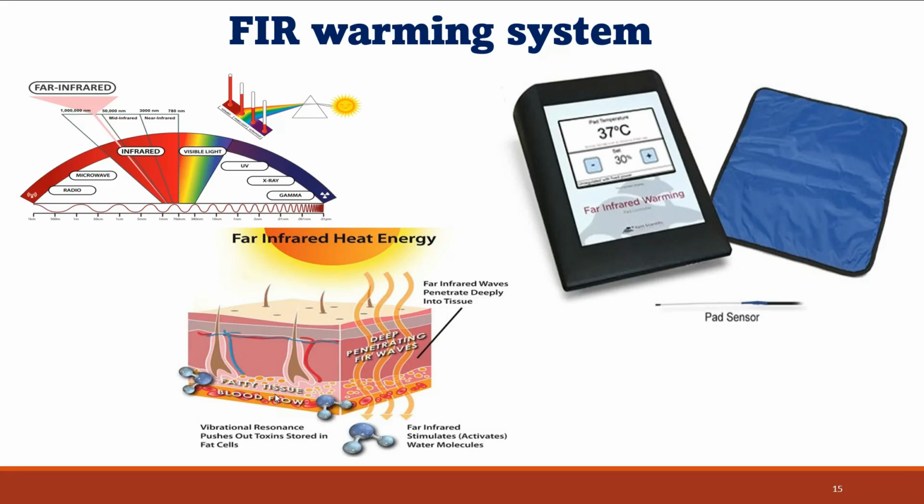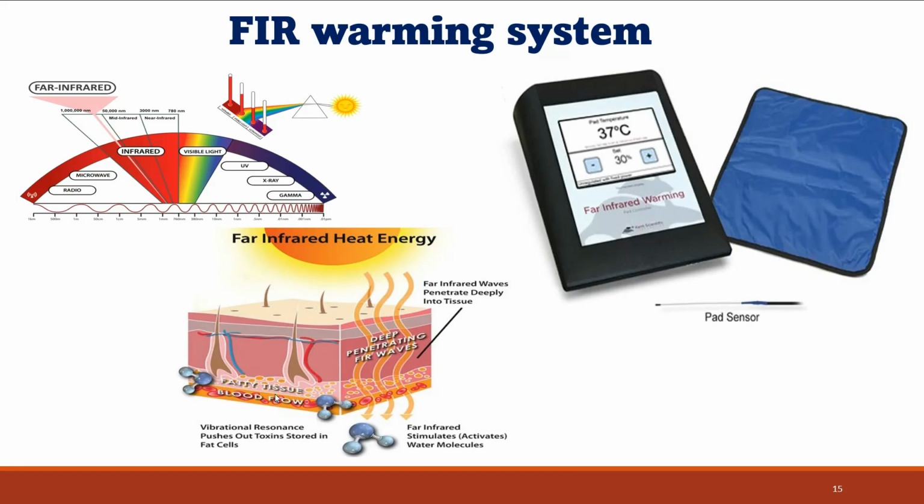This warming also leads to local vasodilation, improving microcirculation, which in turn helps deliver oxygen and nutrients to the tissues. The increased microcirculation also indirectly promotes tissue healing, muscle relaxation, and pain relief.